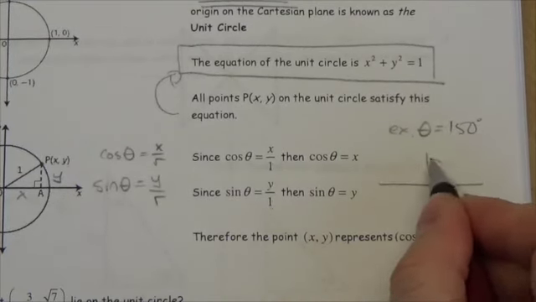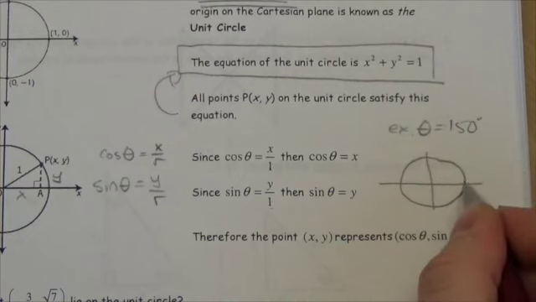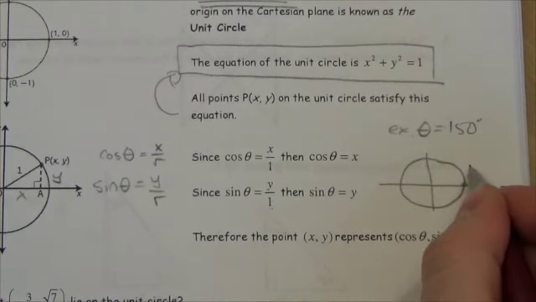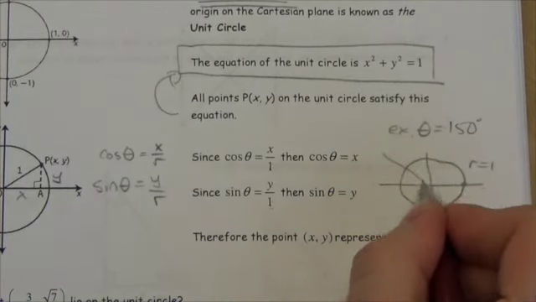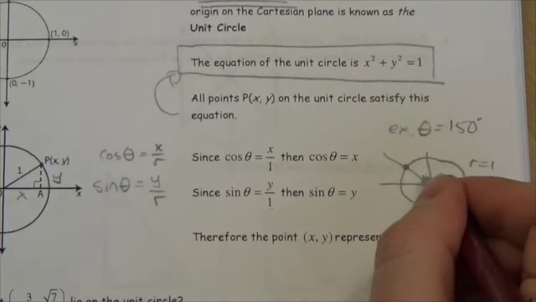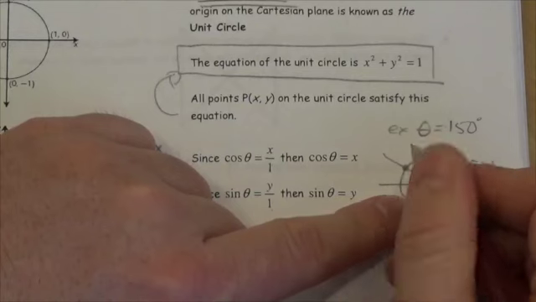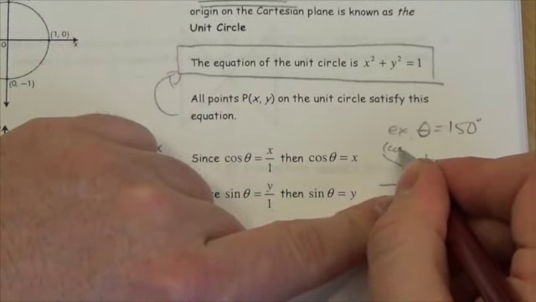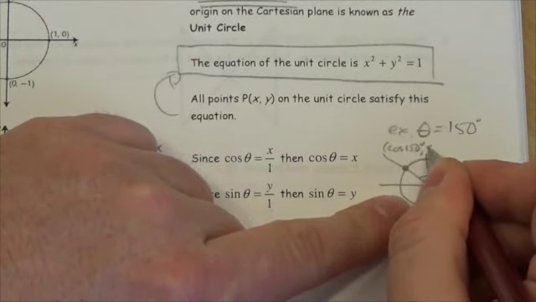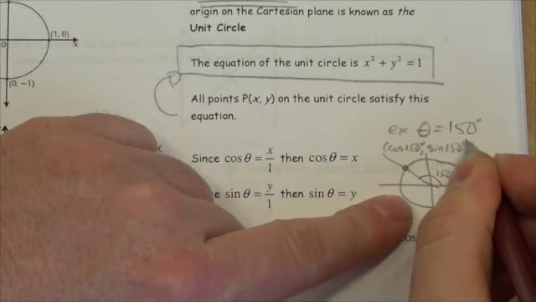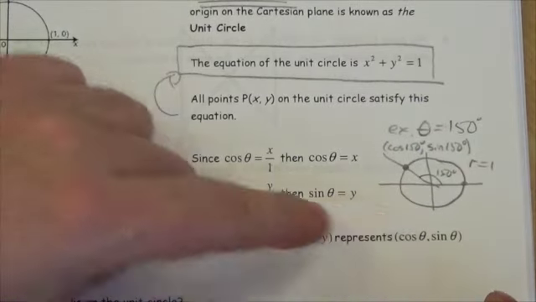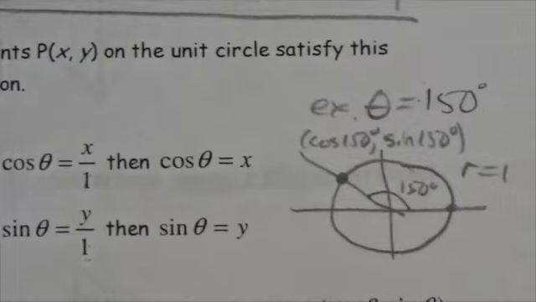Along the unit circle, where r is equal to 1, when we go out to this point right here, if this is 150 degrees, then the coordinates of this point will be the cosine of 150 degrees, comma, the sine of 150 degrees.